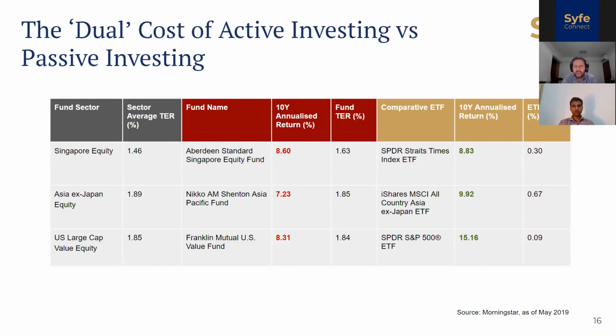A bit more of an extreme example is the last one on the table, which is the US large cap value equity market. We've got the Franklin Mutual US Value Fund. This particular one versus its ETF counterpart, which is the S&P 500 ETF, that ETF is 0.09 in terms of its TER.